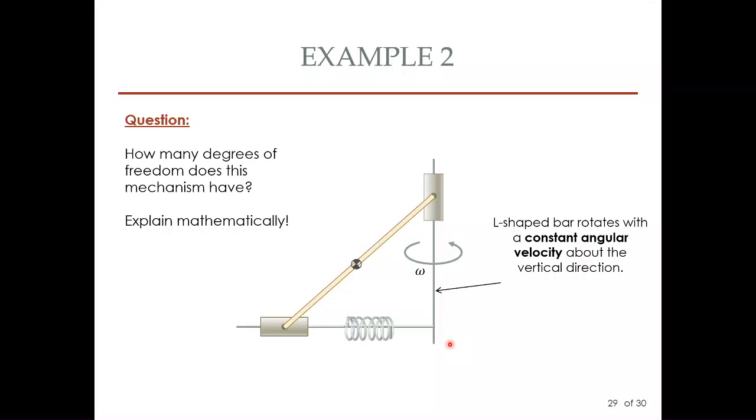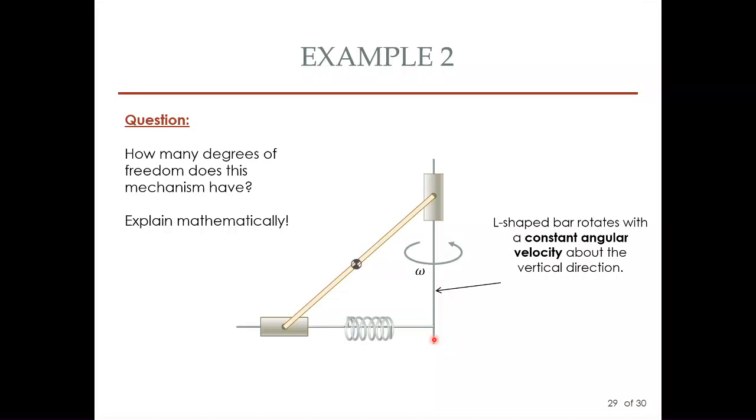Motion is not necessarily a degree of freedom. If it wasn't specified that it rotates with constant omega, or any specified motion, someone making sure it moves in a particular manner, then there would be one more degree of freedom for allowing rotation. Okay?